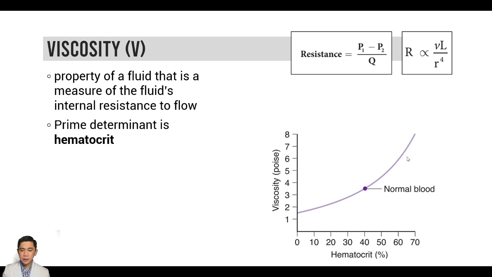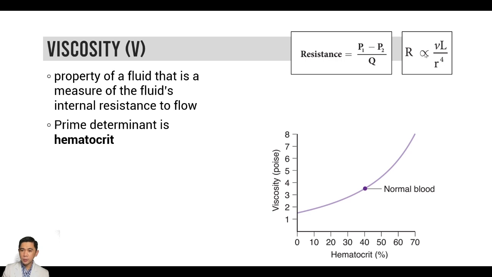If you can see in this figure, the higher the hematocrit, the more viscous the blood is. So normal blood is around 40% hematocrit. If we have to put more RBCs in our blood, then our viscosity increases. And if you don't have many RBCs in your blood, then hematocrit decreases as well as viscosity.